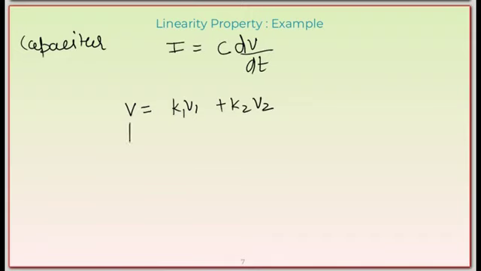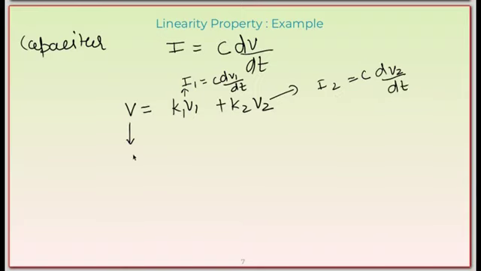Then for V1 your output I1 will be equal to C dV1 by dt, right? For V2 our output I2 will be equal to C dV2 by dt, isn't it?